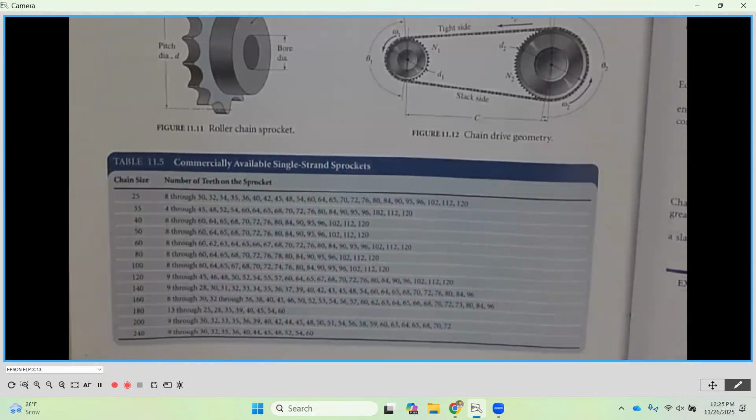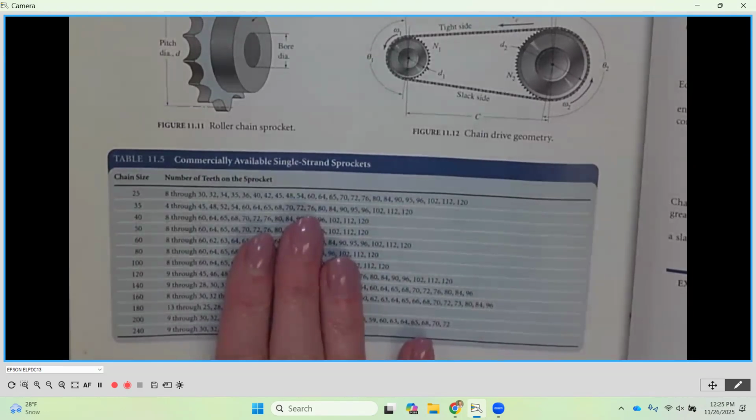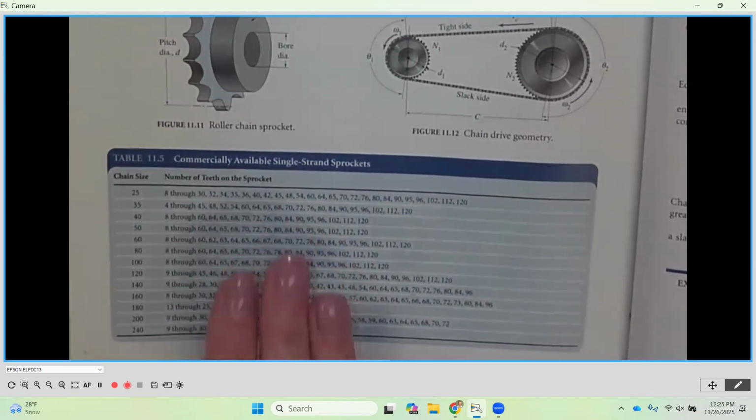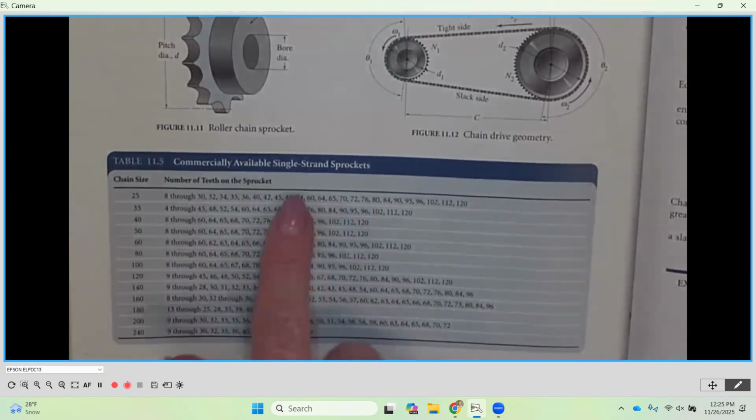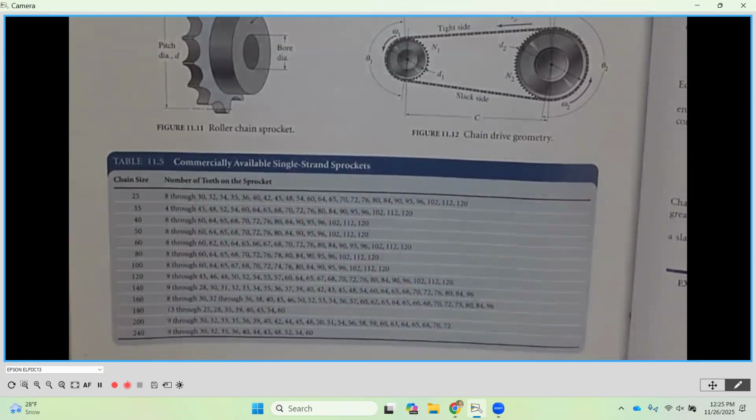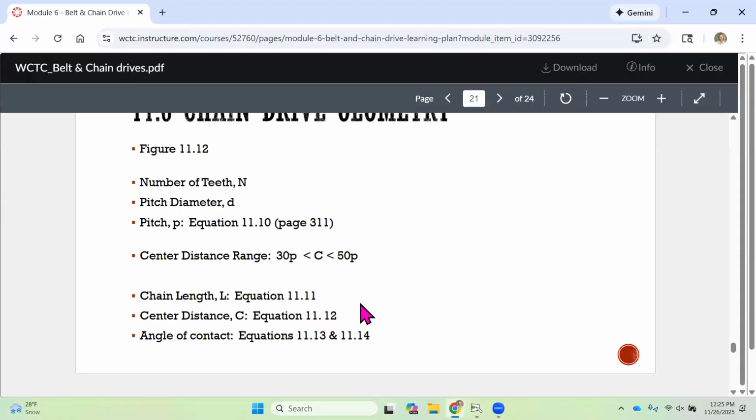Now, if you are buying, and which you will, you'll buy from a specific vendor, although these are good numbers based on the standards by the body that governs the chain industry, you would always want to use your specific vendor catalog to make sure that the number of teeth that you're specifying for your sprocket is appropriate or available.